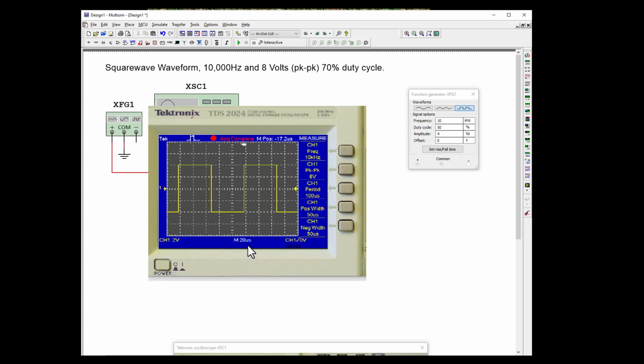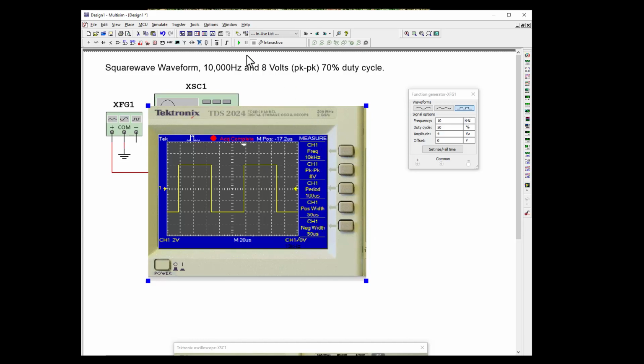And we have 20 microseconds. Alright, so our period's 100 microseconds, so we're going to go from pulse to pulse. So let's go ahead. Well, we got 1, 2, 3, 4, 5. 5 times 20 is 100, so that would be our period.